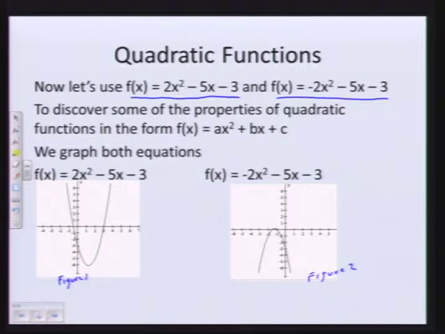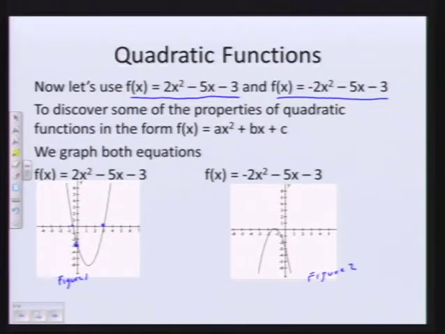It looks like it's going through the point (0, -3), the point (3, 0), and this point over here at (-1/2, 0).